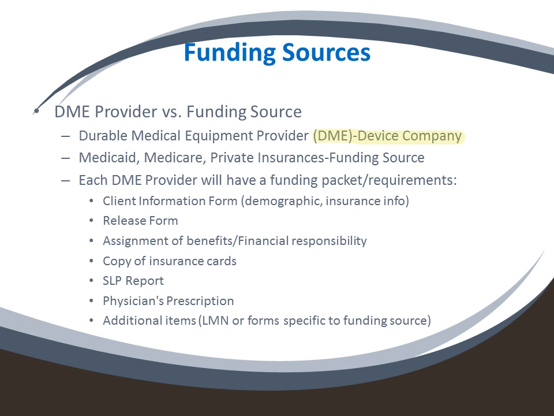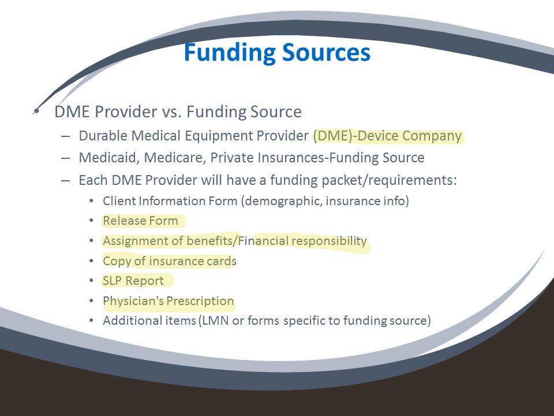So we're going to keep going right along. You'll have a release form, an assignment of benefits or financial responsibility form. There'll be a copy of the insurance card. Your report is going to be part of that funding packet. A prescription from the physician.